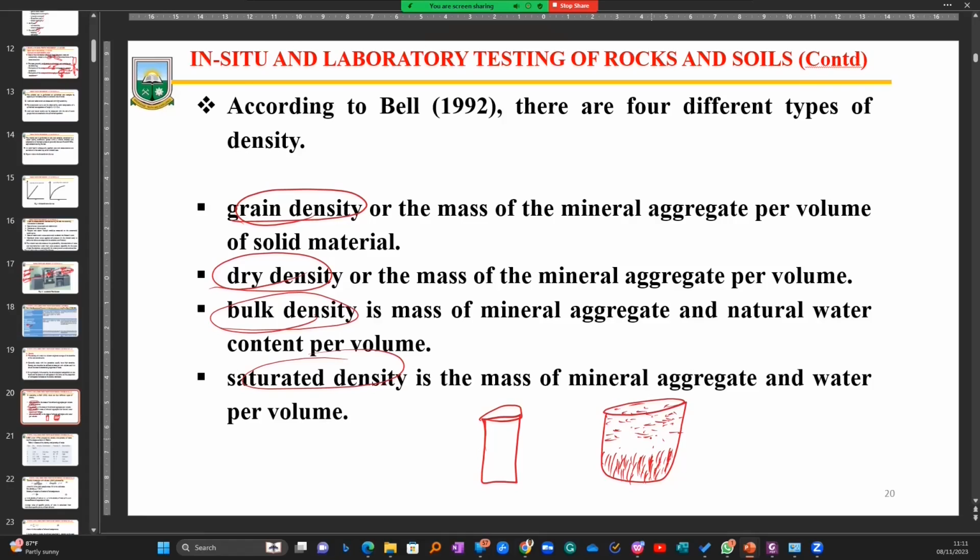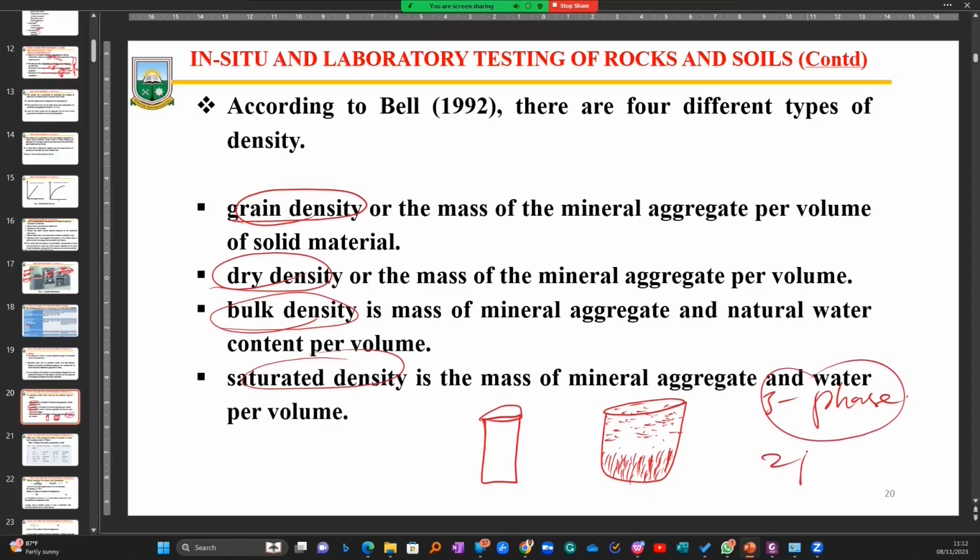So if a rock sample has three phases, it means that the rock sample is porous, and as a result of the porosity, it has air voids, and part of the air voids has been filled with water. So we get three-phase.